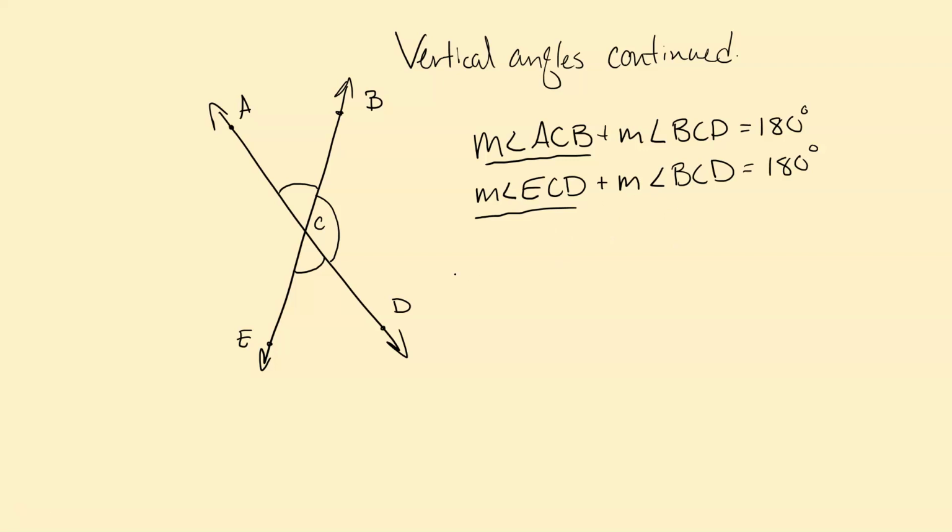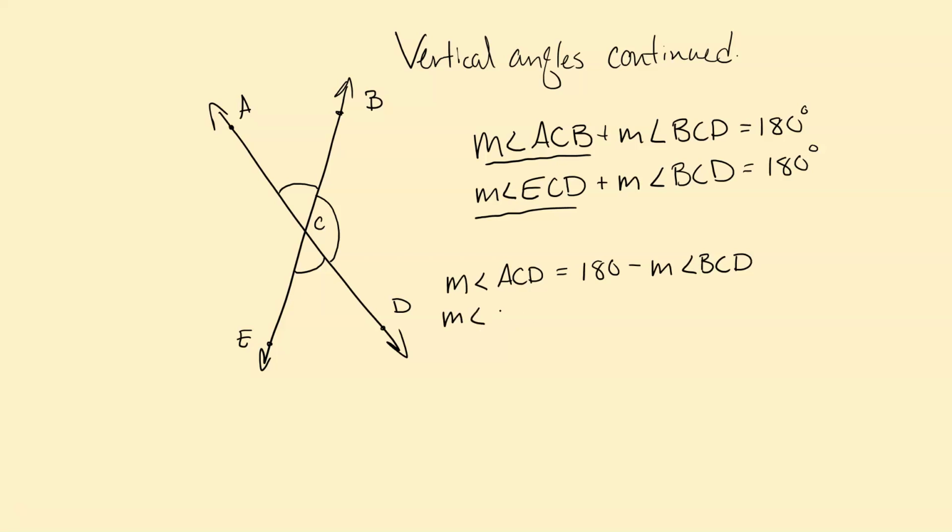So like if I were to take this first equation and subtract the measure of angle BCD on both sides, I would get the measure of angle ACD equals 180 minus measure of angle BCD. And I can do the same thing for the second equation.